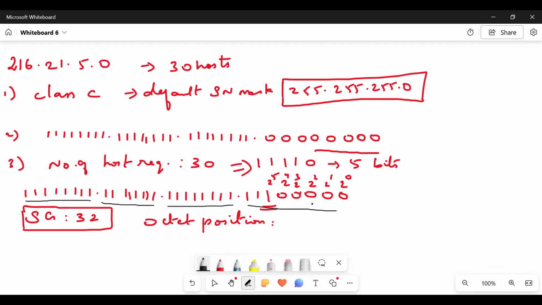So totally 4 octets are available for the IPv4 address. In which octet position we have found the subnet generator, that octet position we need to note down, because in that octet position alone we are going to generate the subnet range. So this is actually 4. Octet position is 4.